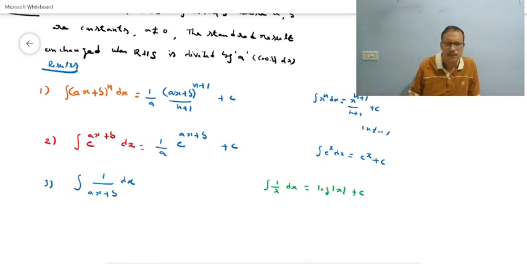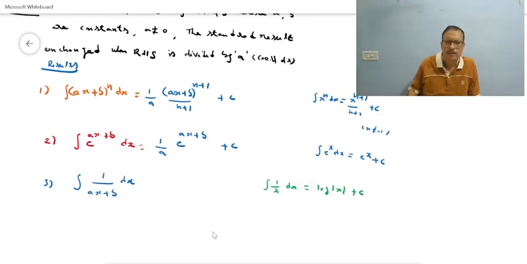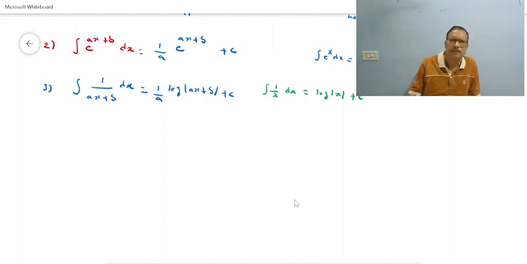So this is equal to log of ax plus b, but we have to write the x coefficient, that is a, in the denominator, plus constant. So the formula of integral of 1 by ax plus b dx is 1 by a into log of modulus of ax plus b plus constant.